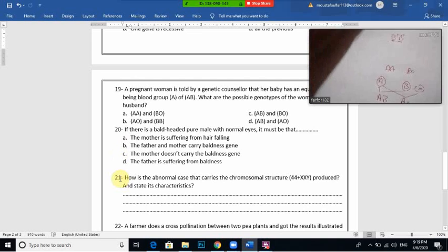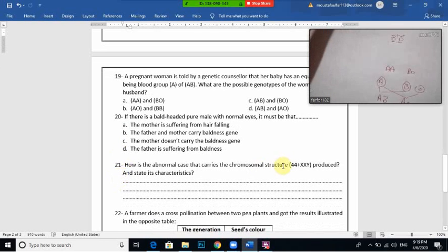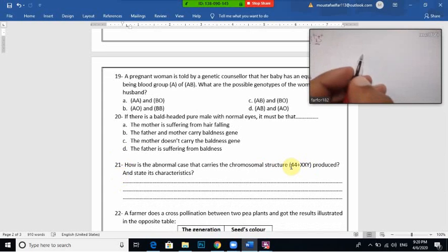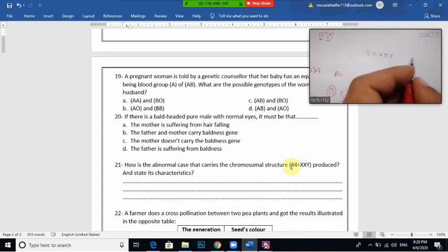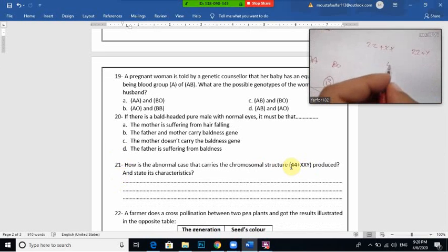How is the abnormal case that carries the chromosomal structure 44 plus XXY produced? This case is a male infected with Klinefelter syndrome. Klinefelter syndrome is produced from the fertilization of an abnormal ovum, 22 plus XX, with a normal sperm, 22 plus Y, to produce an individual with 44 plus XXY.